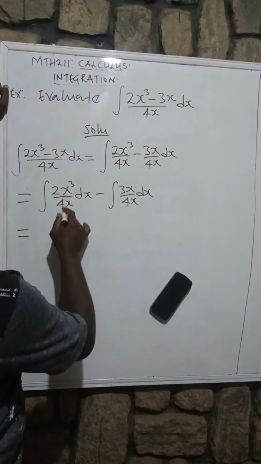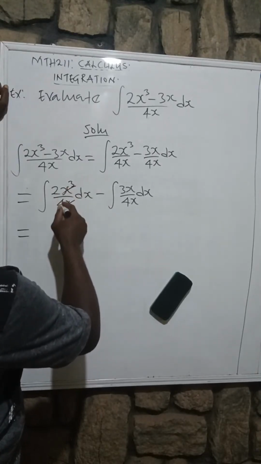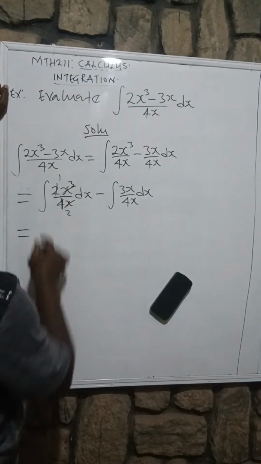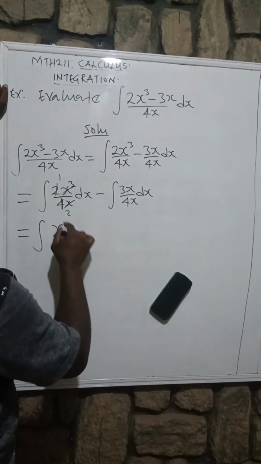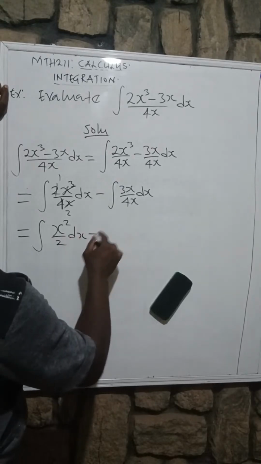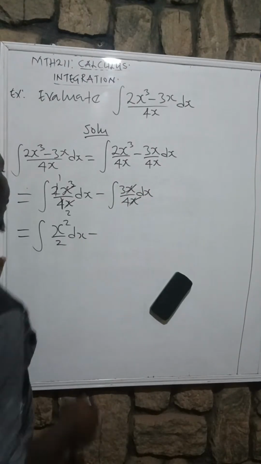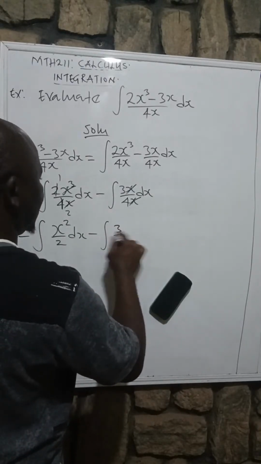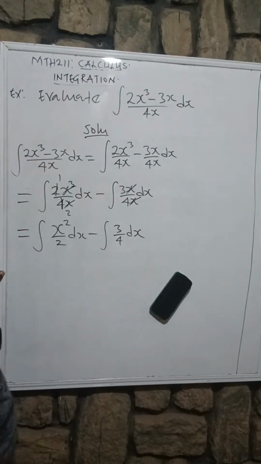Then this is the same thing as, let's cancel this x to this, then 2 to itself 1, 2 to 4, 2. So the integral will now be x squared all over 2 dx minus here x to x, true or false? Integral will now be 3 all over 4 dx. True or false?